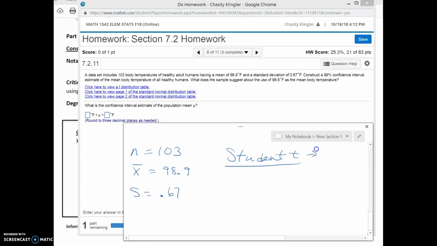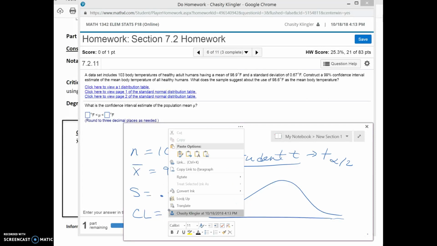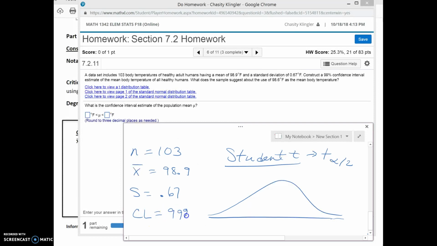So I'll be finding T alpha divided by 2. And since my N is greater than 30, I can use the T. So the first thing I need to do is find that value. My confidence level is 99%, so 0.99 is my area centered in the middle.